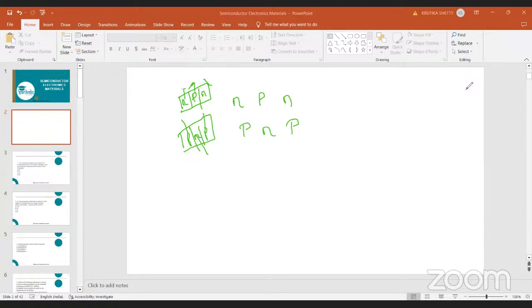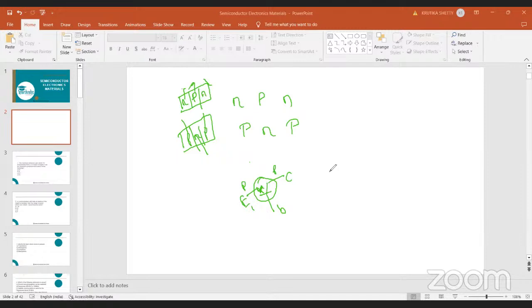Yes, this is about the PNP transistors and the NPN transistors here. The PNP and NPN transistors can be denoted with the circuit symbol. Here one is called the emitter, one is the base, and one is the collector. If I show the arrow mark in the downward direction, this is a PNP transistor.